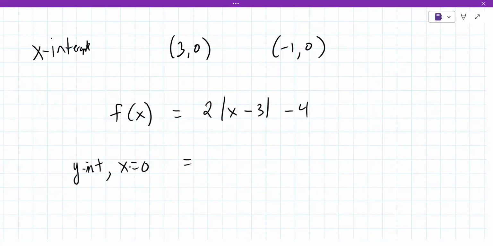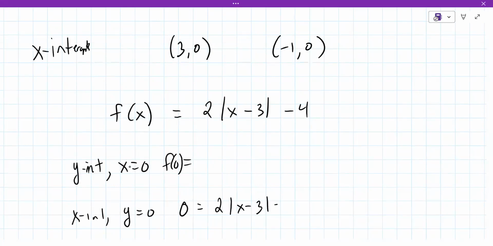You're literally finding f of 0. Or the x-intercept is when y is 0. It's 0 equals the function. So in one case, you're putting 0 in for x, and in the other, you're setting the whole thing equal to 0. Got it. Is that clear? Yeah. All right.